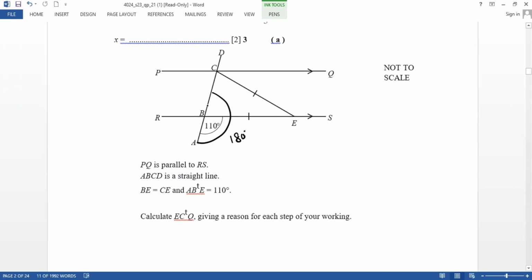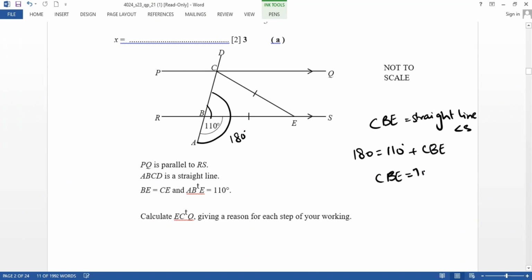So 180 minus 110, CBE is a straight line angle, and 180 equals 110 plus CBE. CBE is 70 degrees. So BCE is also 70 degrees because of isosceles triangles.